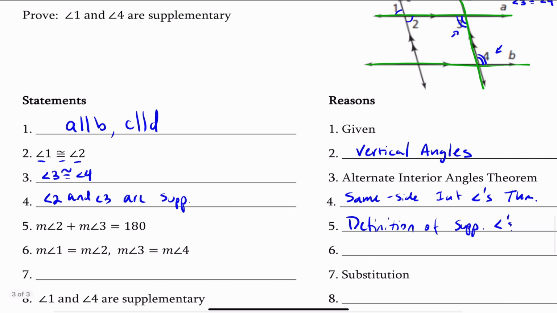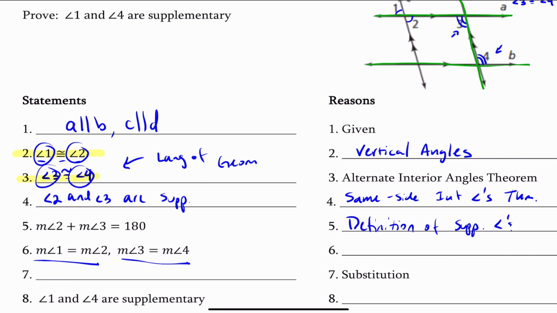And now I cannot neglect the fact that I wrote these two things here, which are currently in the language of geometry. So now measure angle 1 is equal to measure angle 2, and measure angle 3 is equal to measure angle 4. And that's the definition of congruence. Okay?